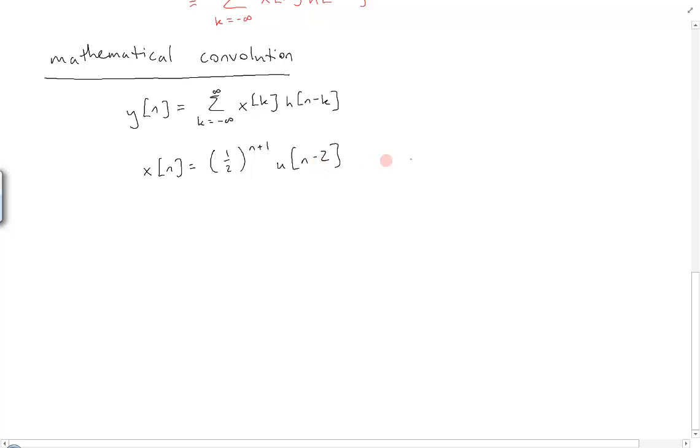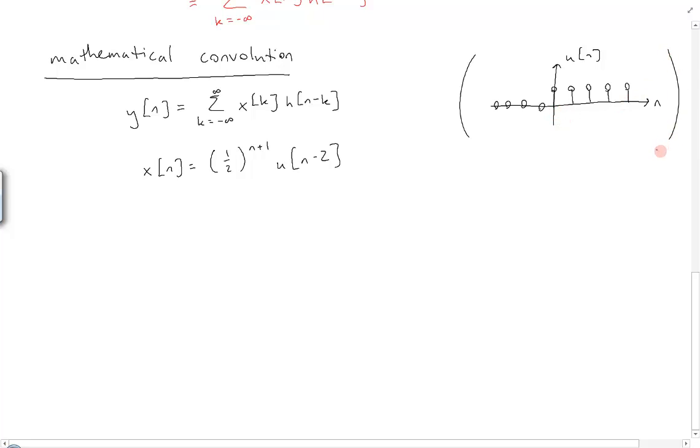And in case you haven't seen a unit step function before, let me draw it over here. The unit step function is equal to 1 for all values of n greater than or equal to 0, and 0 for all values less than 0.